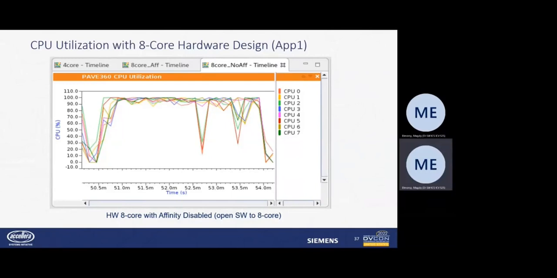In the previous slide, we were using 4 cores. Here we are using 8 cores. We have a higher computational power. Then we should be able to finish the application early or utilize the CPUs less. Why did it take almost the same, very high utilization for all 8 cores, and take longer to finish?